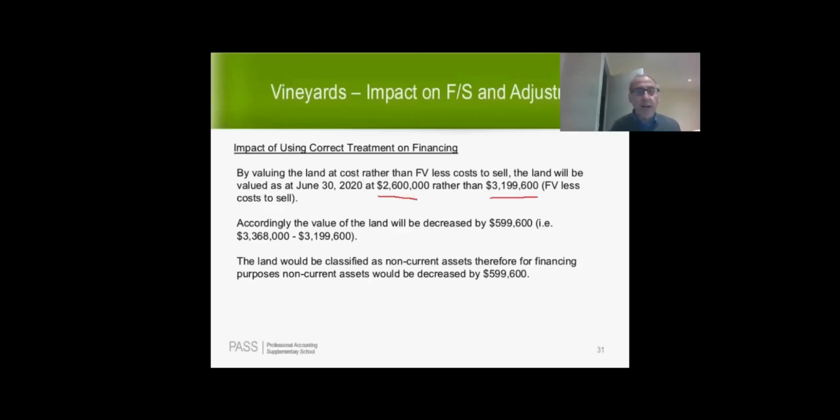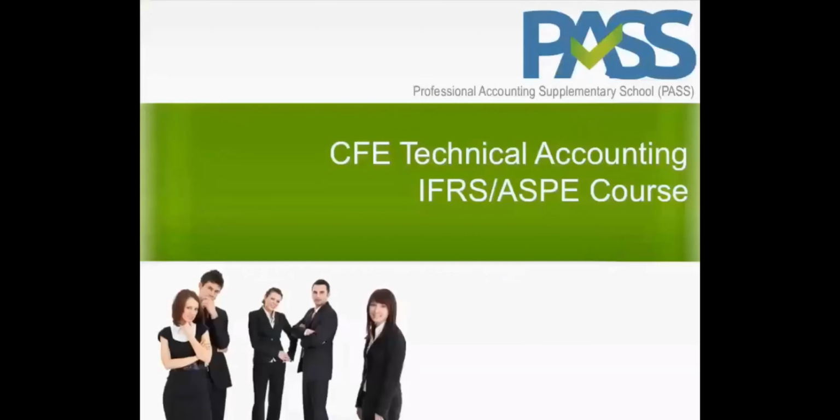Instead, it's sitting at 3,199,000. That's a $599,600 difference. Now, the land would clearly be classified as non-current. So for financing purposes, we're now going to be reducing our non-current assets by $599,600.